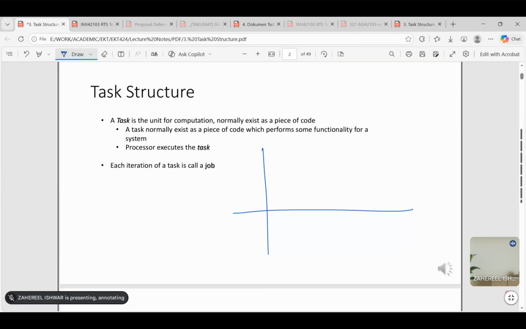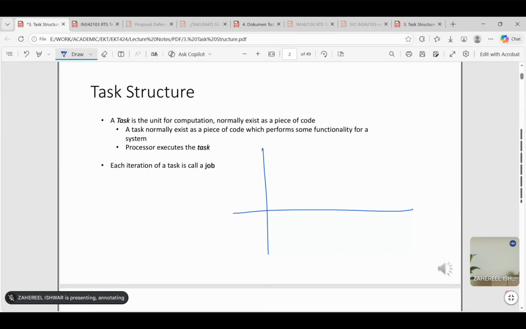If we talk about periodic tasks, periodic tasks mean things that happen at a certain period. For example, if we do something every 5 seconds, that's something we call a task. That something can be reading data from your sensor or activating actuators that manipulate your system.